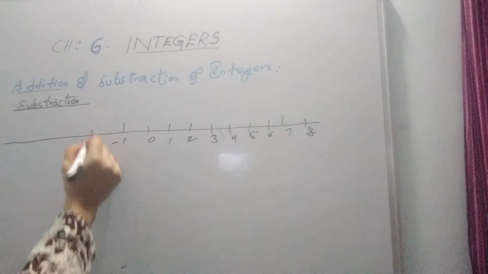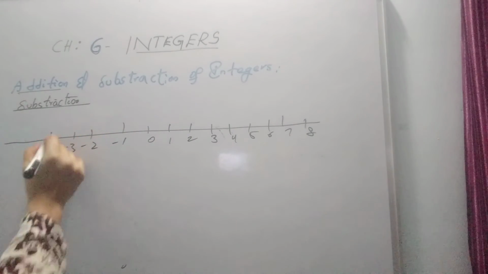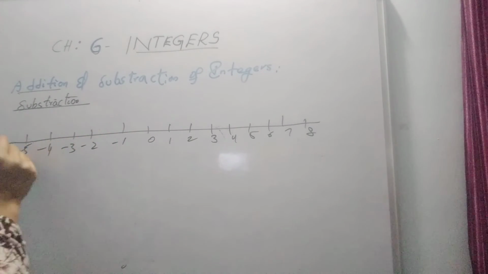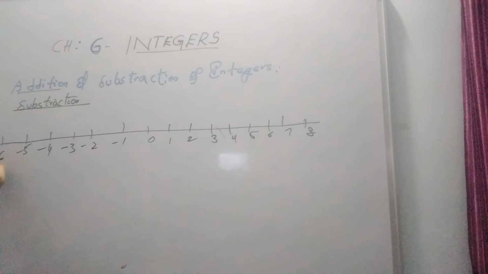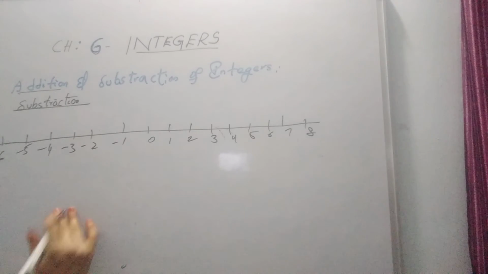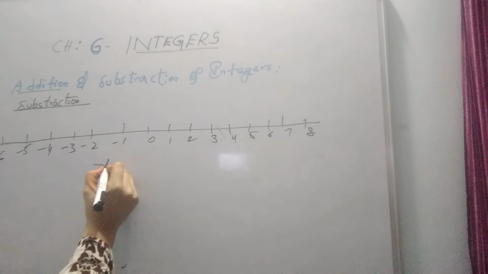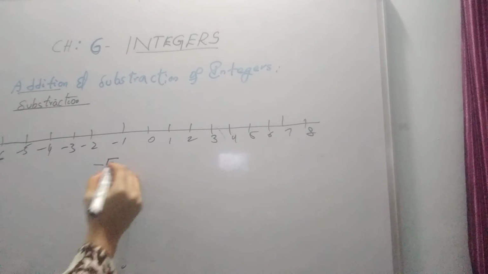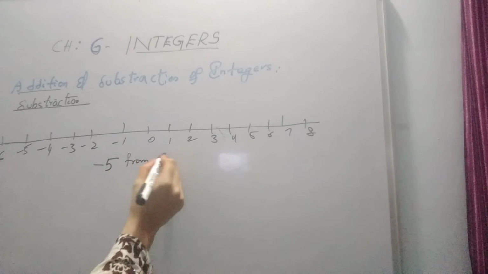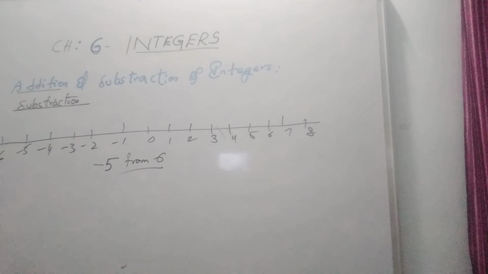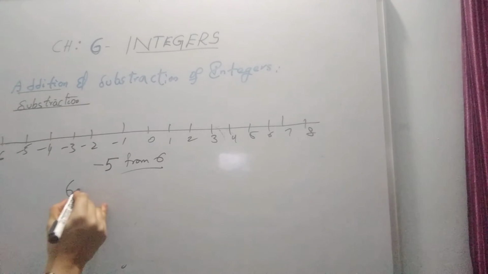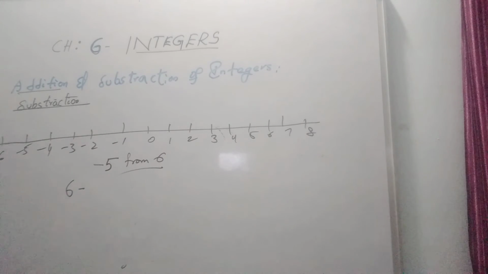Take integers on the number line. Subtract -5 from 6. Okay, 6 minus 5.